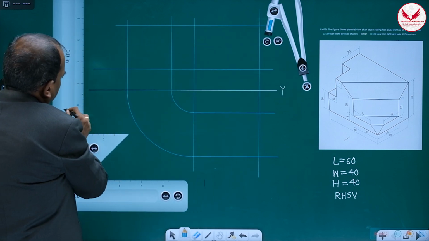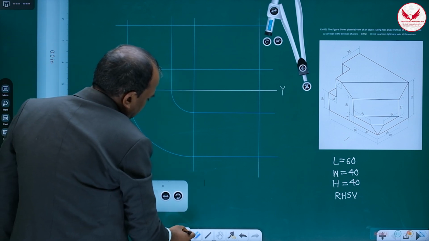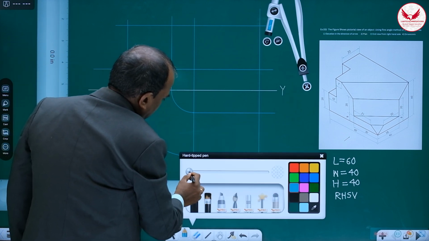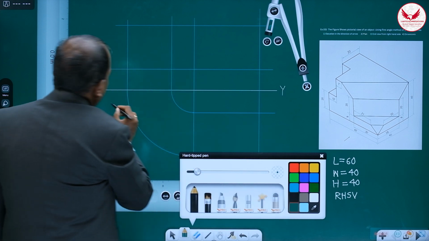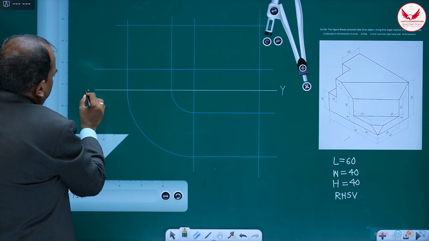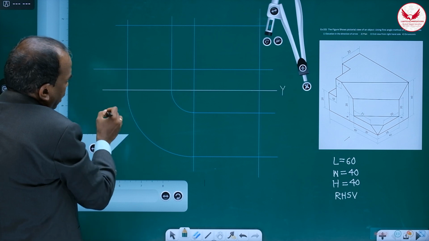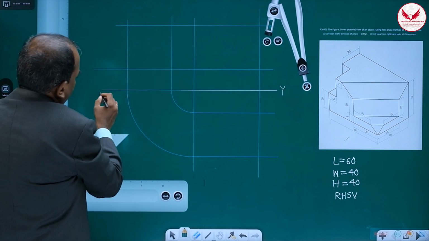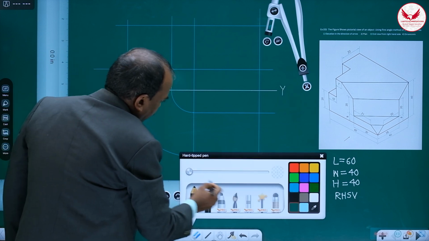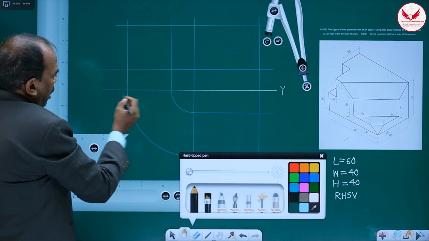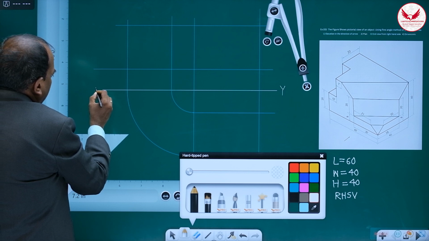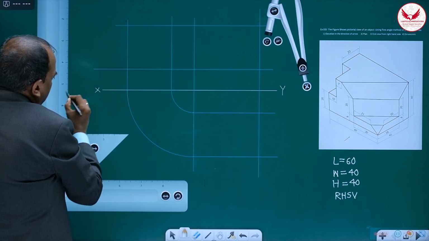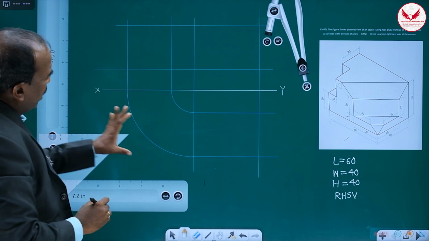So these are going to be the 3 blocks. Once you mark these 3 blocks, whatever is after this last projector, keep a similar length on this side also, and it is X. So this is the reference XY line.